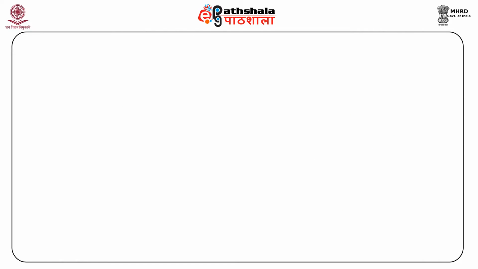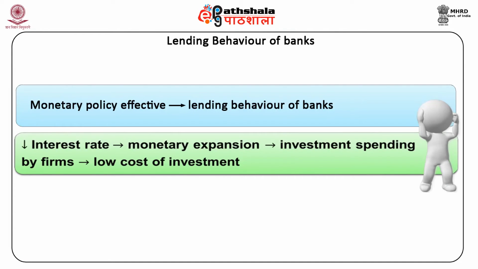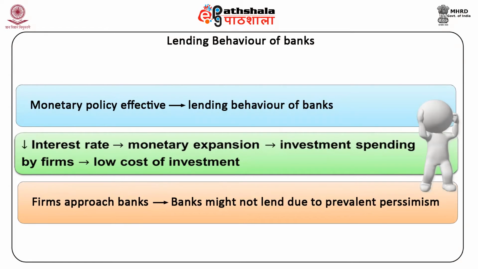Next is lending behavior of banks. For monetary policy to be effective, an important factor is the lending behavior of banks. When interest rates drop as a result of monetary expansion, this encourages investment spending by the firms in the economy because of lower cost of investment. For financing investment expenditures, firms approach banks.